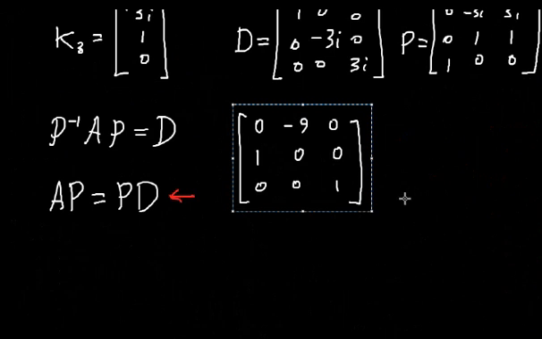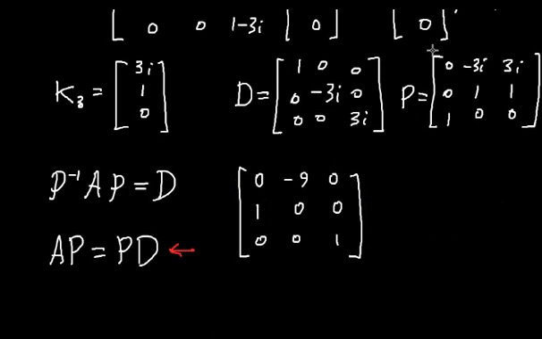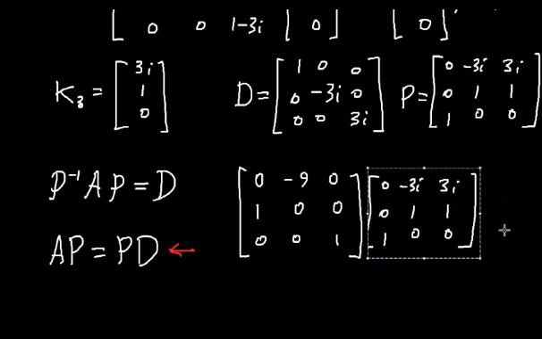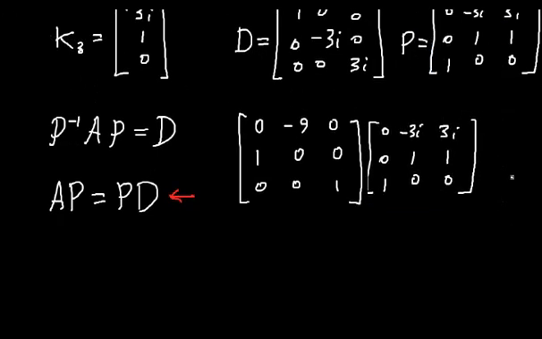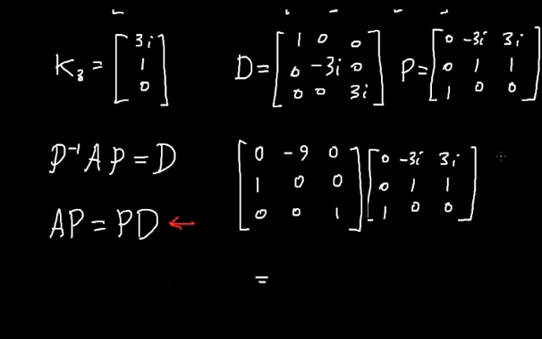So that's the matrix A. I want to multiply that by the matrix P. So that's one thing I want to do. I want to find this product. Maybe I'll put it down here. And then I would want to multiply also the matrix P by the diagonal matrix.